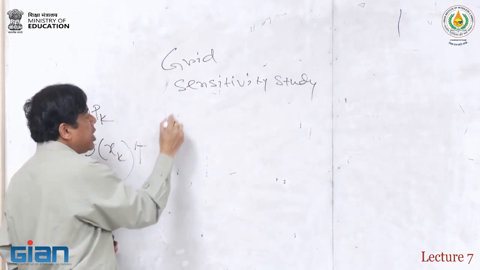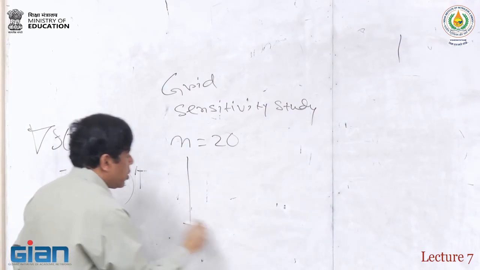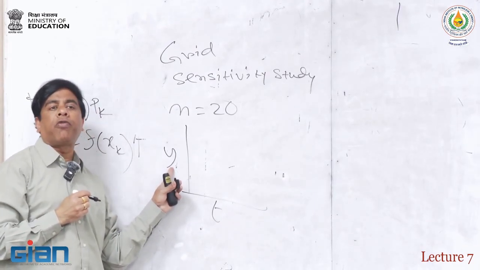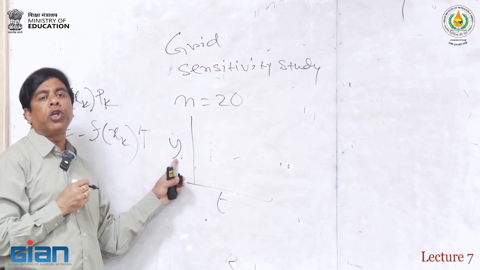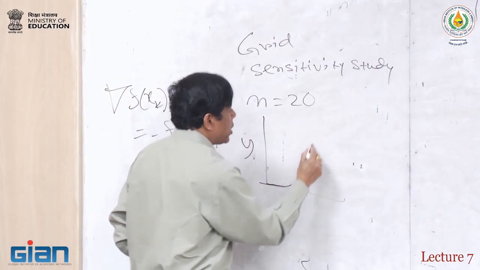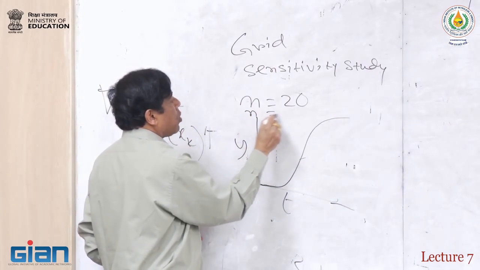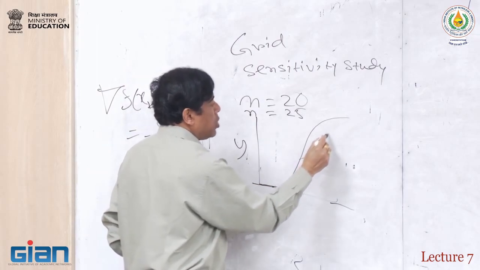So if you say n equal to 20 and I got some solution, y equal to t, this would be one of the key performance measures. And for adsorption, the key performance measure is the breakthrough curve. So with this, I am getting this profile. Then I do n equal to 25. Maybe this becomes my new breakthrough curve.